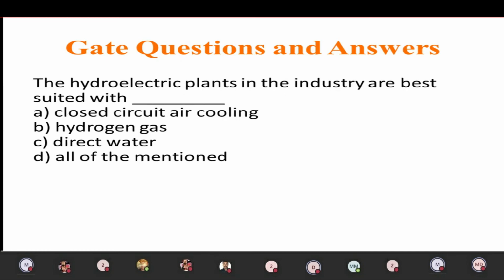Next: hydroelectric plants in industries are best situated with closed circuit air cooling, hydrogen gas, direct water, or all the mentioned.